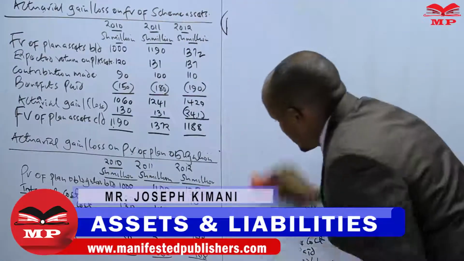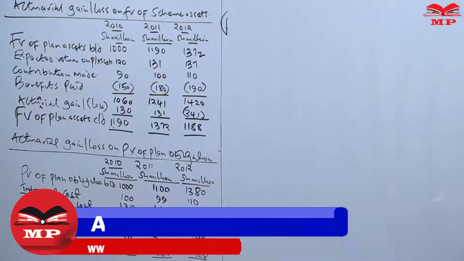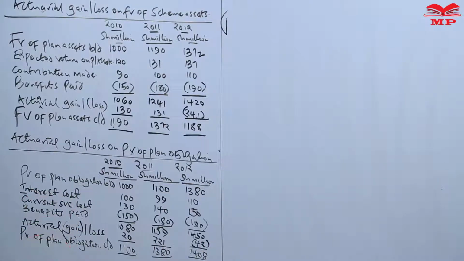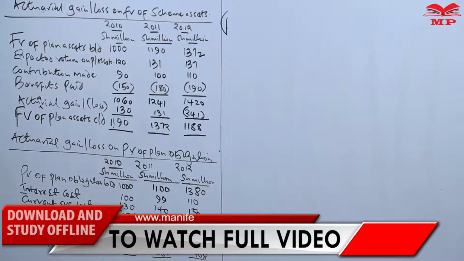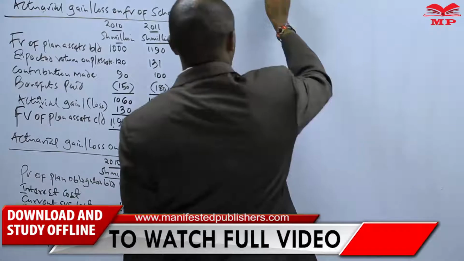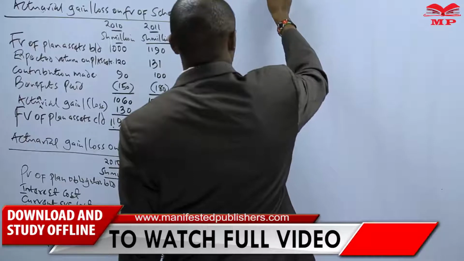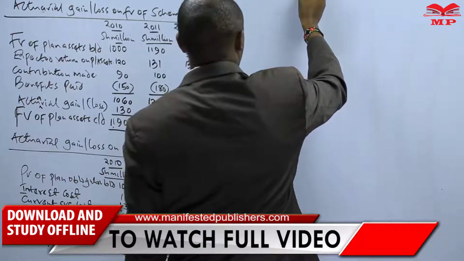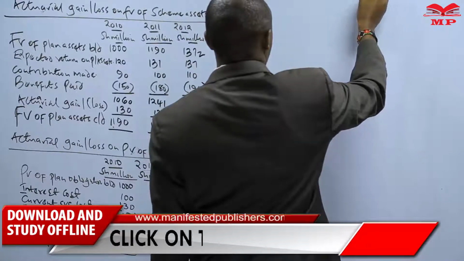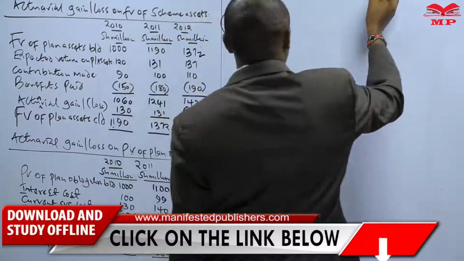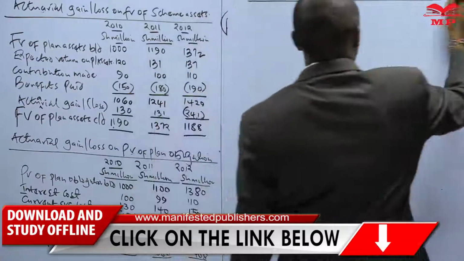So in the question here, we are required to compute two items. One, what will be taken to the income statement as the net pension cost, and two, what will be taken to the statement of financial position. First of all, let us start by computing what will be reported to the income statement by the entity, and that is the net pension cost.